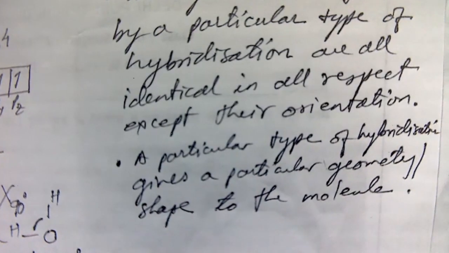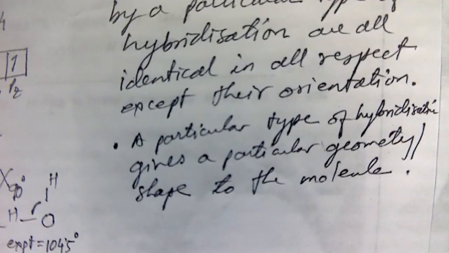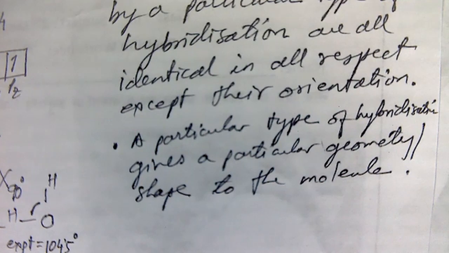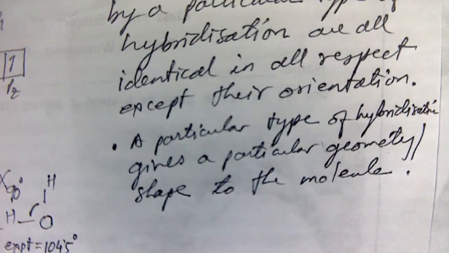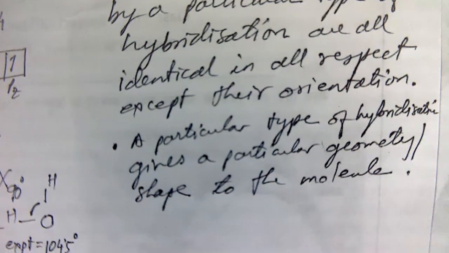So whatever is the hybridization, accordingly you'll have the shape of the molecule. If I say this hybridization, immediately you can say this hybridization will form this type of structure. Understood?